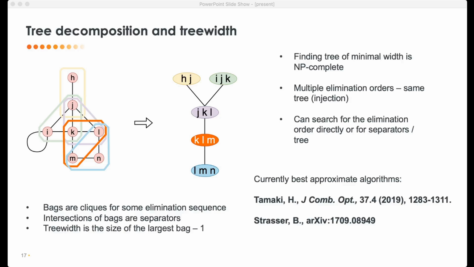The intersections of bags in the tree are separators of the initial graph, as I mentioned, and this latter fact gives rise to modern algorithms for searching minimal tree decompositions. Currently, the fastest algorithms for tree decomposition are presented in these two works cited on the bottom right.